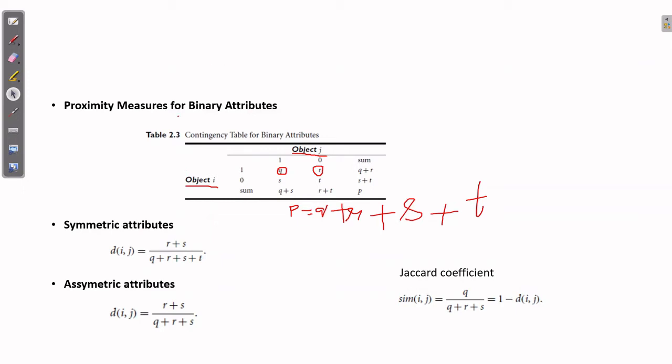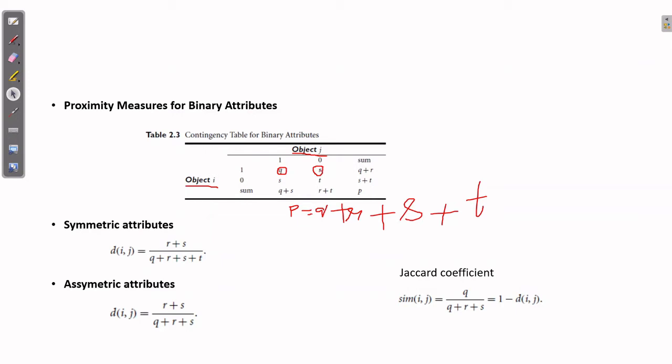Again, for binary attributes, we said that you can have two categories under binary attributes, which are symmetric as well as asymmetric, right? Symmetric means you are giving equal importance to both 0 and 1. So in that case, when will the dissimilarity measure be dissimilar? That is R. R means one of the objects has a value of 1 and the other object has a value of 0.